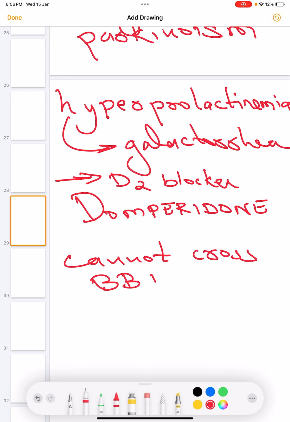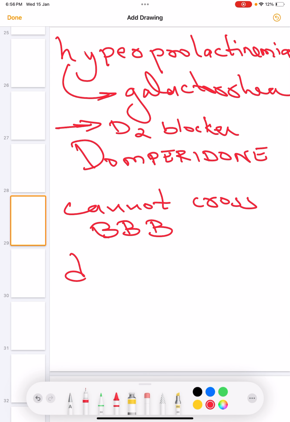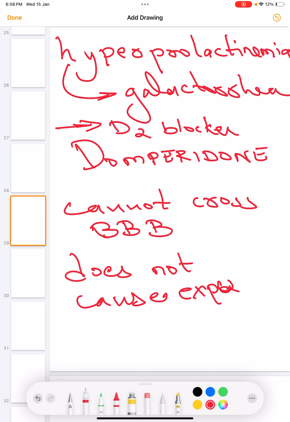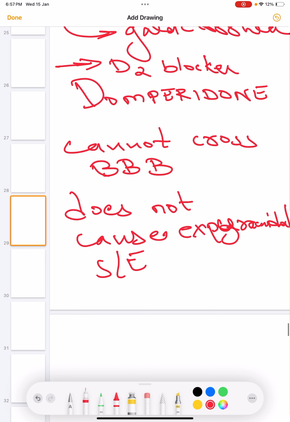So it does not cause extrapyramidal side effects. Incidence of hyperprolactinemia is also very rare. It does not cause hyperprolactinemia also. Very rarely it may cause.